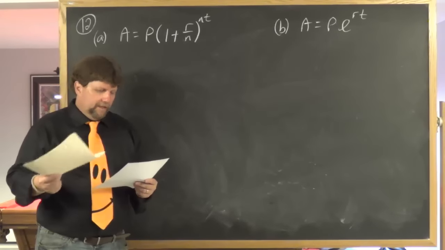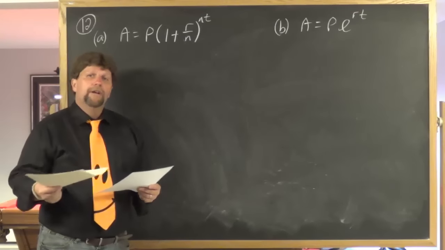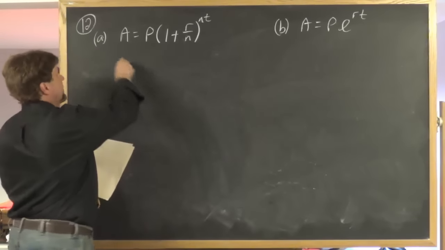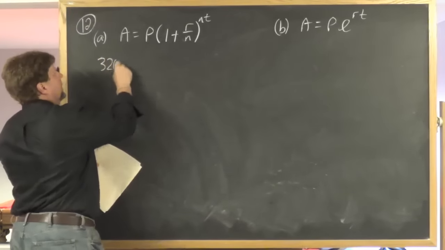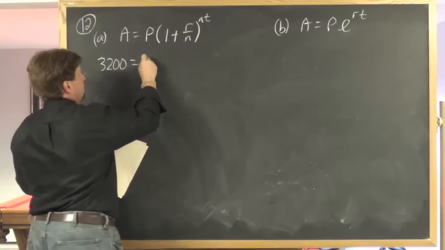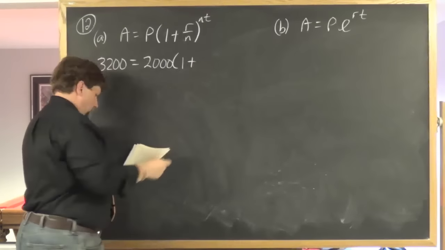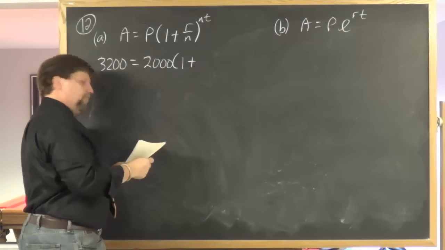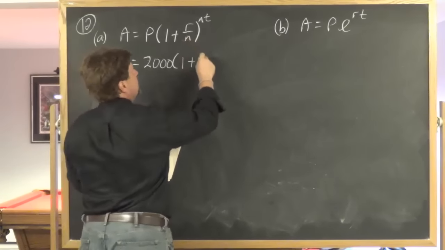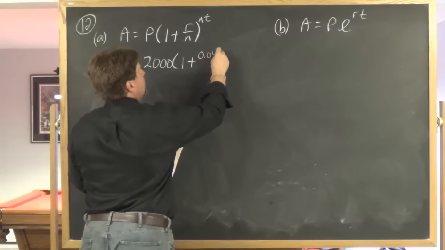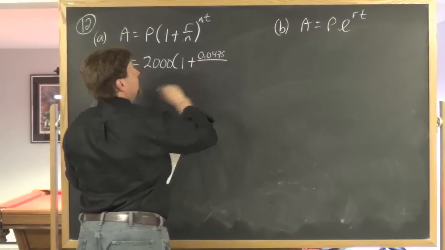We want to know how long it's going to take before she has $3,200. So $3,200 is the A, and $2,000 is the P, her principal. We know the rate is 4.75%, so as a decimal, that's 0.0475.